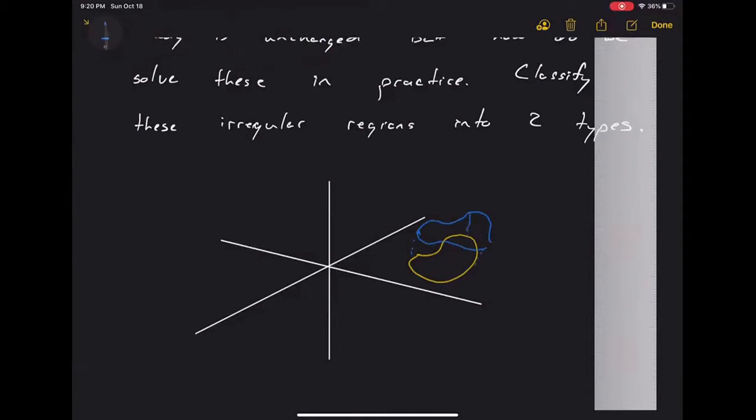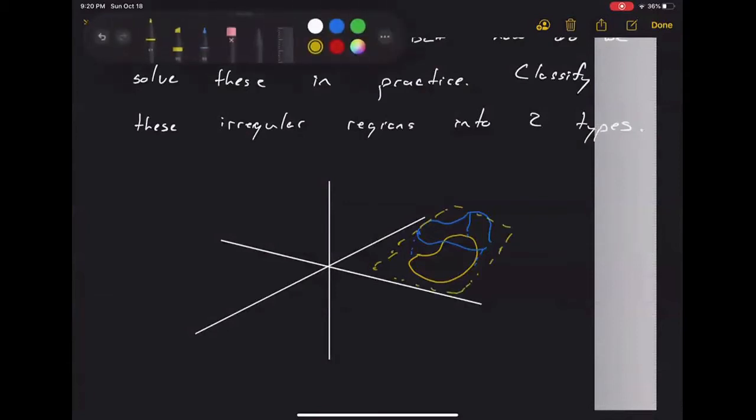I just slap a rectangle around it, essentially. I call this rectangle in the XY plane my new domain, and then my function is 0 everywhere on that enlargement. So it still works.